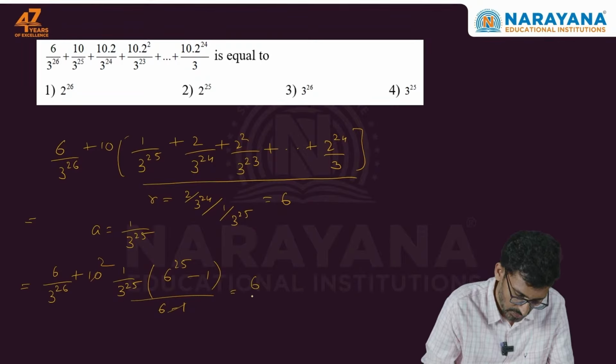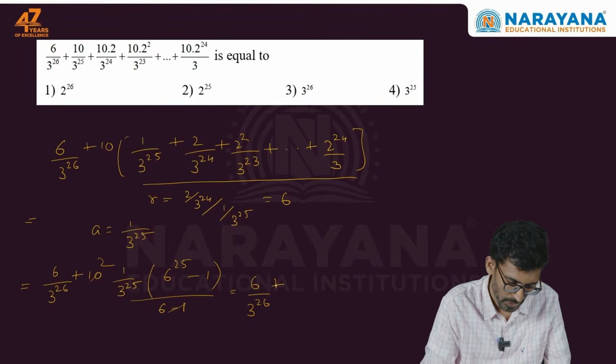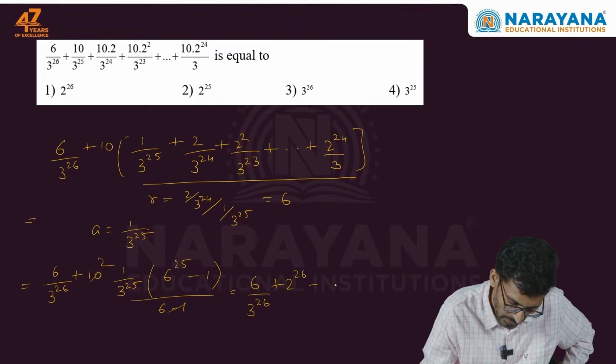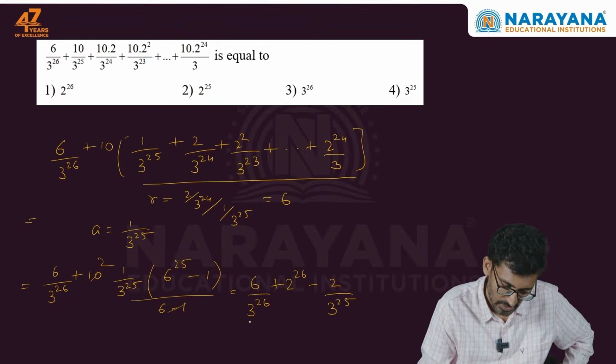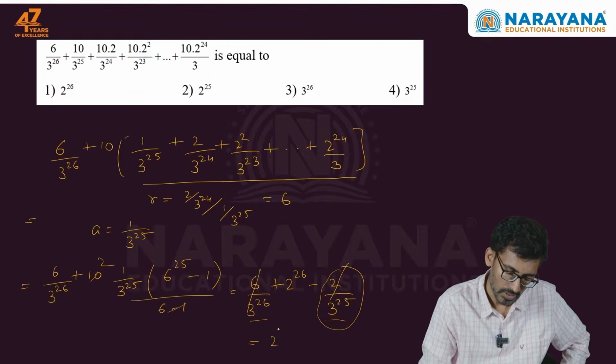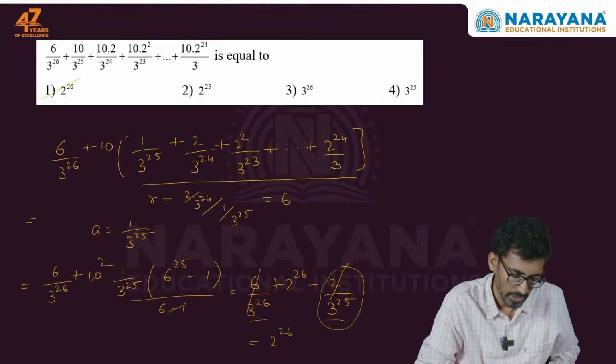When we simplify this, 6 by 3 power 26 plus 2 into 6 power 25 by 3 power 25, which means 2 power 25 into 2, so 2 power 26 minus 2 by 3 power 25. And you can see these two terms are the same. If you multiply numerator and denominator with 3, we are getting 6 by 3 power 26, so they get cancelled out. So we are left with 2 power 26. Where is 2 power 26? Option A. Option A is the answer.